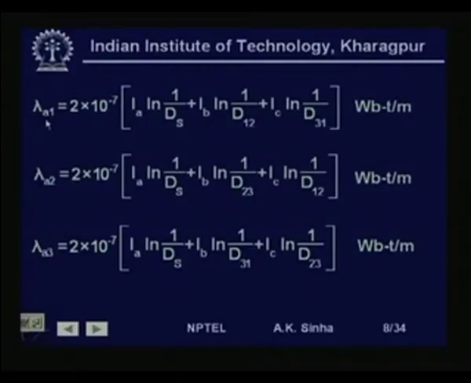So, now let us find out the flux linkage of phase A conductor in the first 1/3 position of the conductor. This we write as lambda A 1, which is equal to 2 into 10 to the power minus 7 into I A log n 1 by d s.